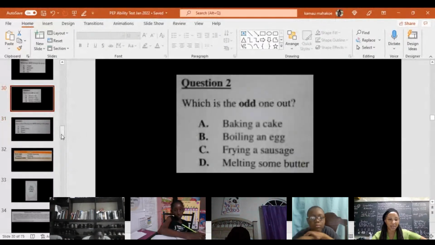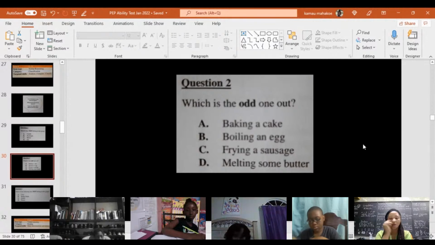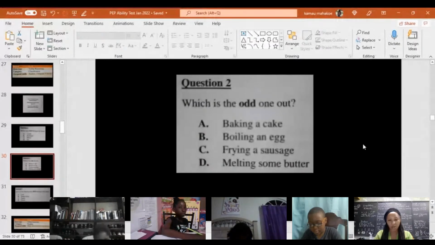And let's go back because we had neglected to say the similarity. Remember, we are first to say how they are similar. So for question 2, how are the 4 of them similar? It's because they're food. They are all processes that involve food, preparing food.